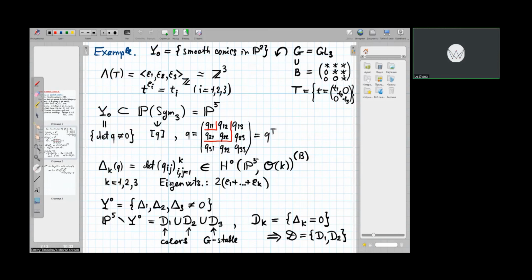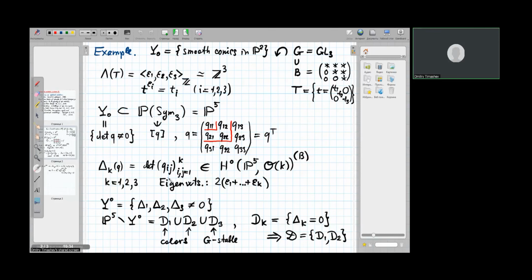Well, it depends on how you define colors. When we discussed colored data, we said that colors on different embeddings of a given homogeneous space are in one-to-one correspondence. So this is a birational invariant. You may consider a given color on any embedding of Y0 just by taking the closure.